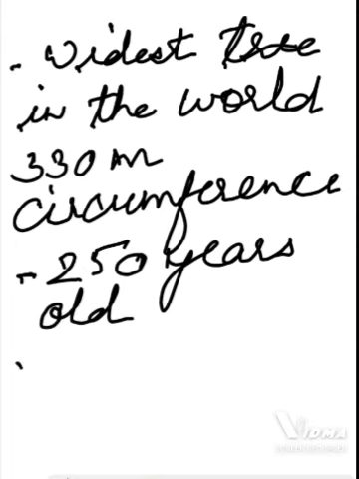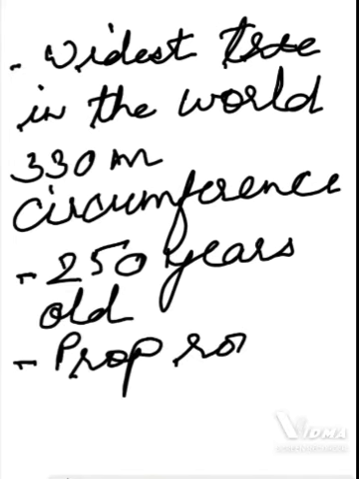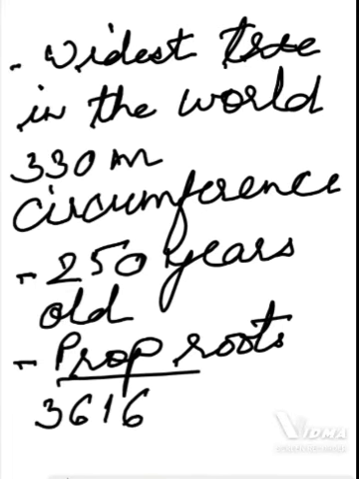Then it has long roots, the adventitious roots that grow from its branches, and those roots are called prop roots. They grow from the branches and go deep into the soil. So it has around 3,616 prop roots.